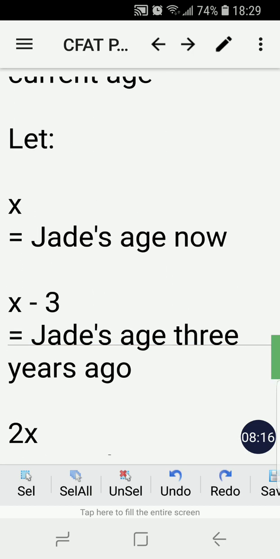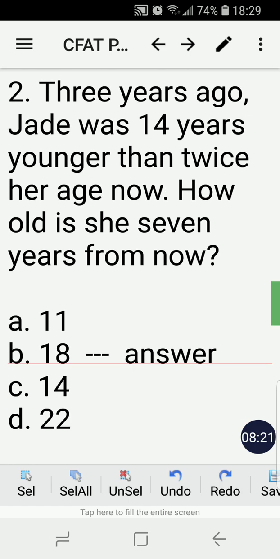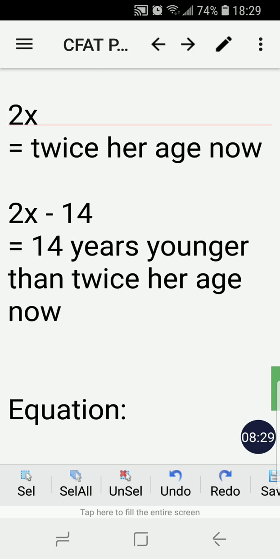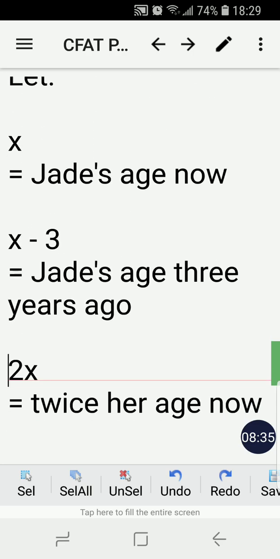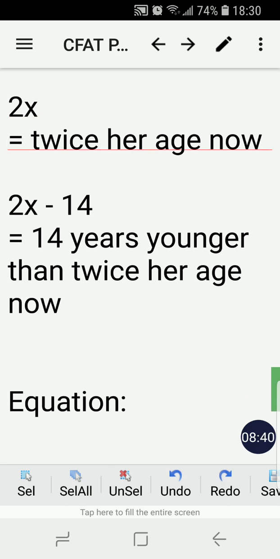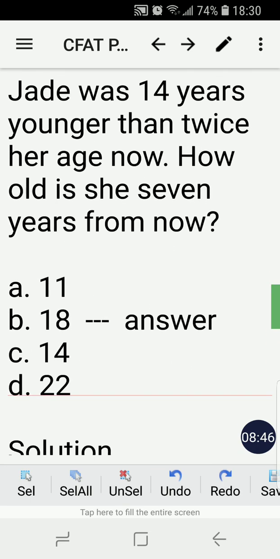Then the next expression that we will do is twice her age now. That will be 2x, because we let x be her age now, so therefore 2x is twice her age now. Then comes the hardest part of the expression. 14 years younger than twice her age now.